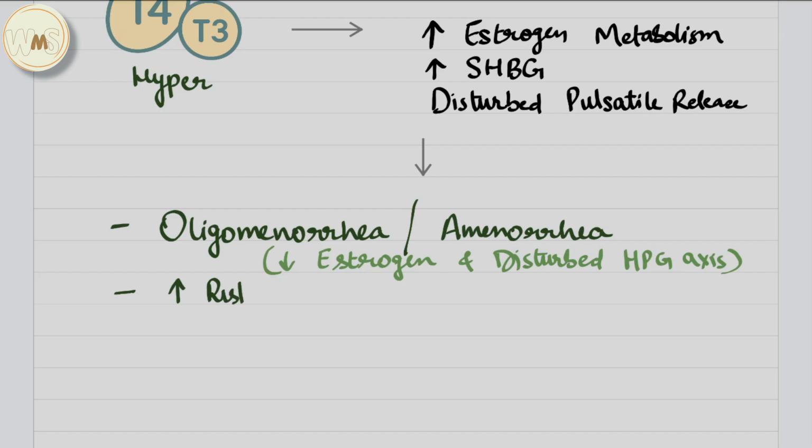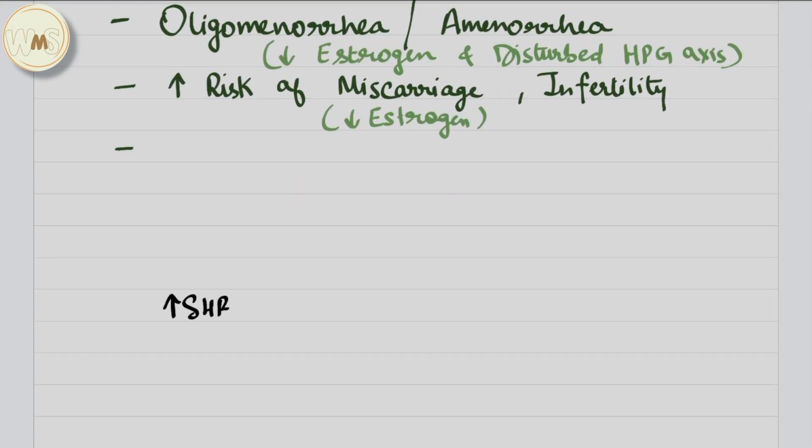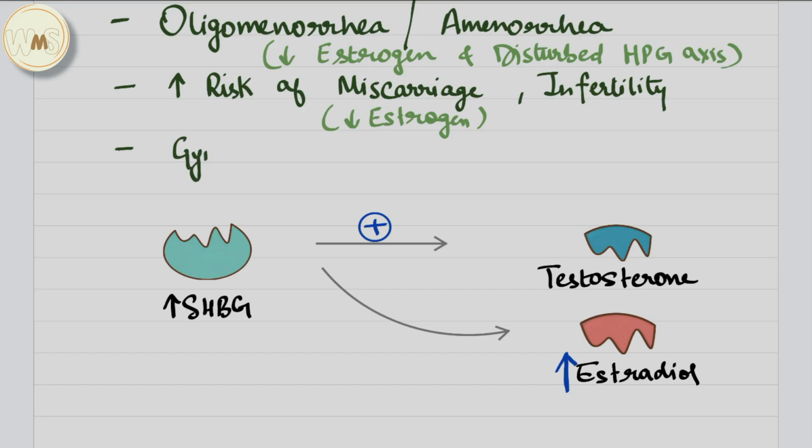There is increased risk of miscarriage and infertility because of low estrogen levels. And also the sex hormone binding globulins increase in thyrotoxicosis, which bind to testosterone more avidly than estradiol, causing relative estrogen predominance. As a result, there may be gynecomastia in males.